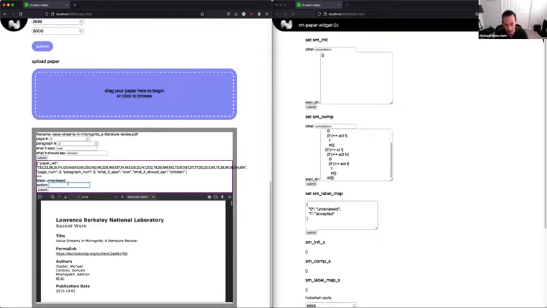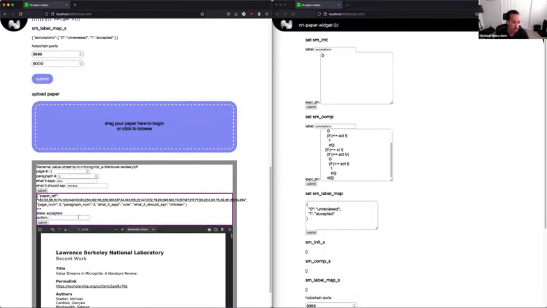I can submit an action which moves us into the accepted state. This is a very simple two-state machine where there's unreviewed and accepted, and you can move from one to the other and vice versa.